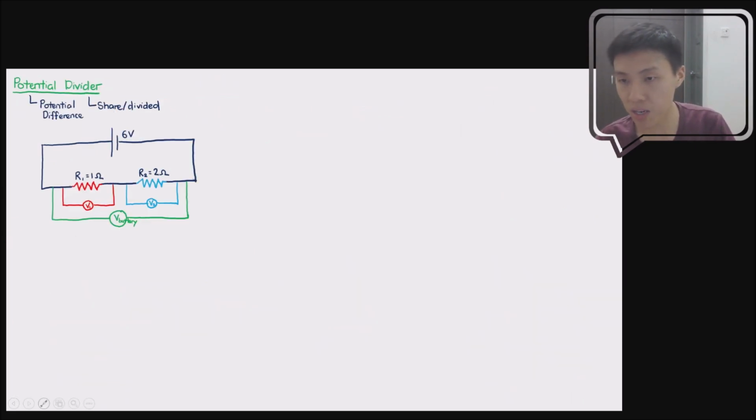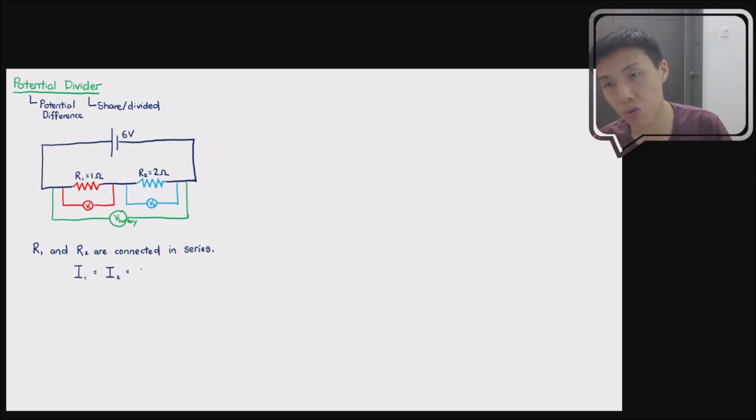So since R1 and R2 are connected in series, therefore we can come up with a statement by saying that I1 will be equal to I2, and because it's equal to I2 it will also be equal to I12. This is what we have discussed in the previous video based on our understanding of series circuit.